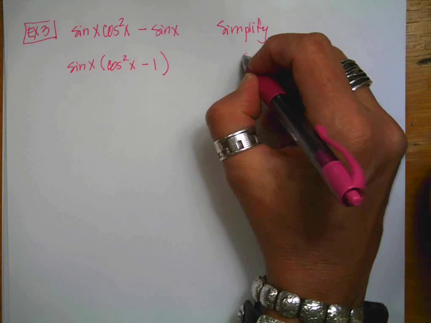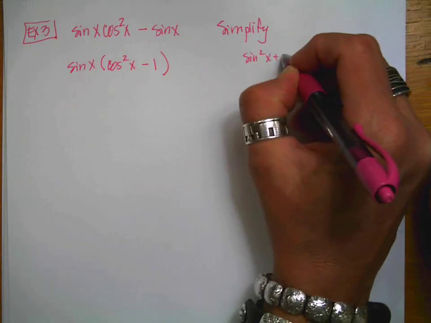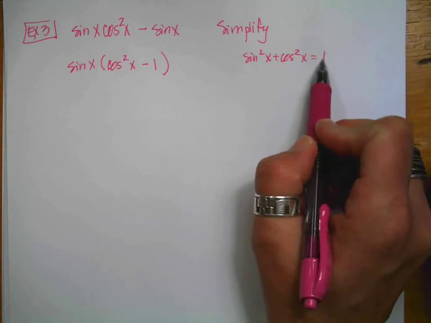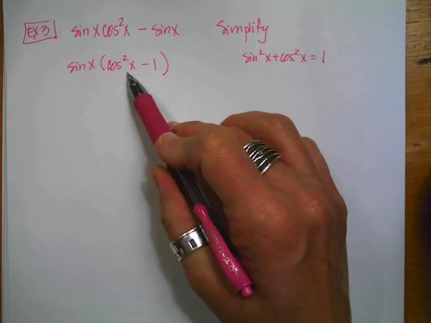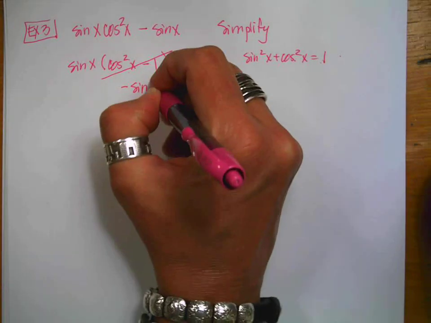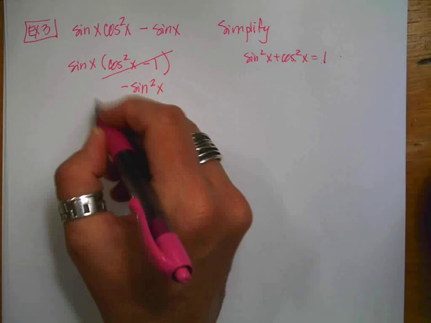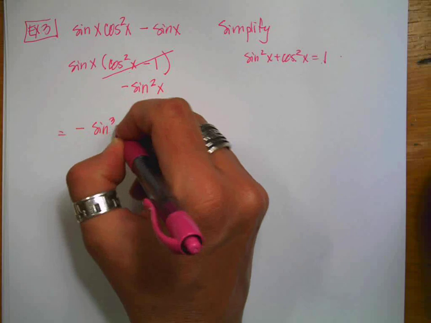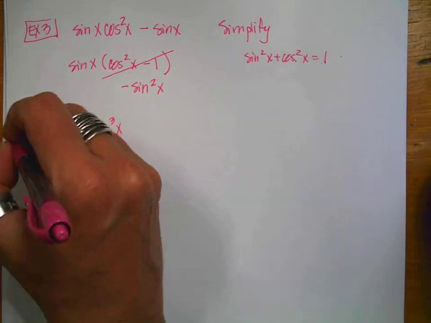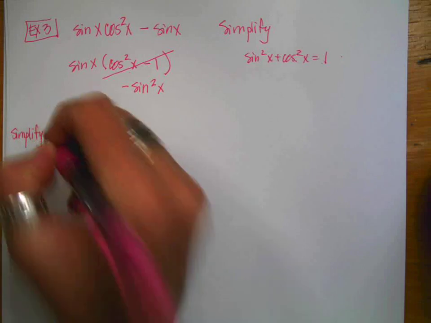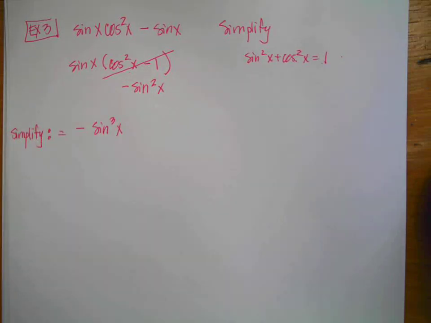And if you'll remember the identity that says sine squared x plus cosine squared x is 1, it should be 1 minus cosine squared, but instead it's the opposite. So I'm going to make this be a negative sine squared x. So then this is going to simplify to be a negative sine cubed x. And then to identify, I would write that this is the simplify. And yes, the grammar is a little bit weird, but I think that is sufficient.